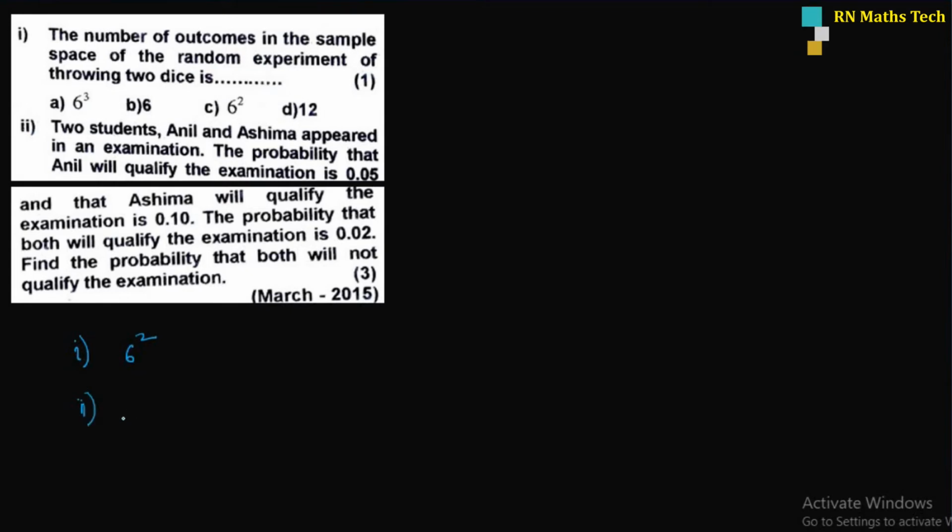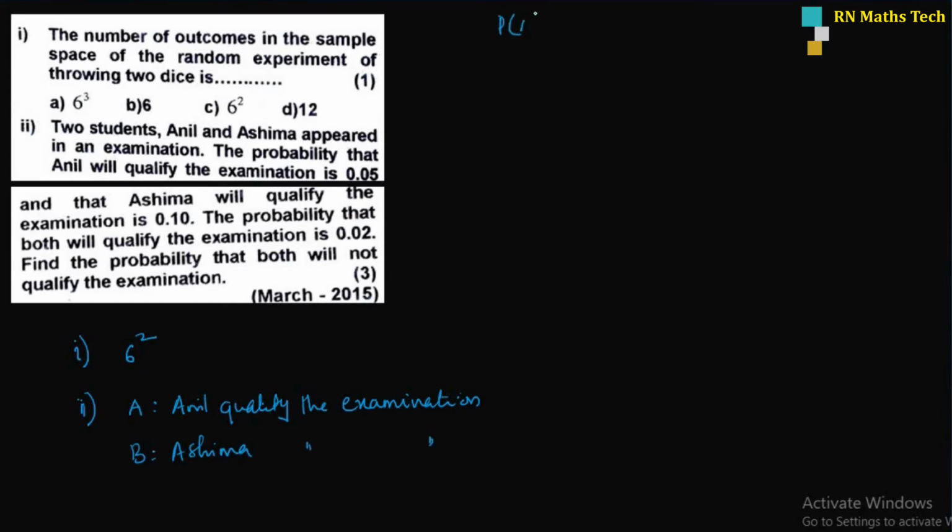Now, second one, two students, Anil and Ashima, appeared in an examination. Let A be the event that Anil qualifies the examination, and B be the event that Ashima qualifies the examination.